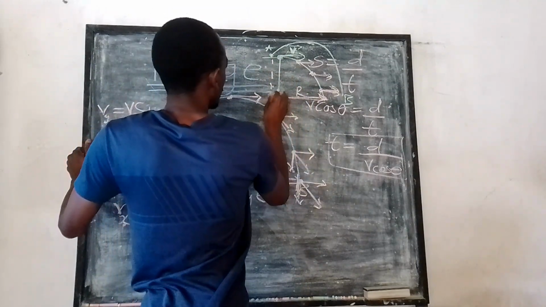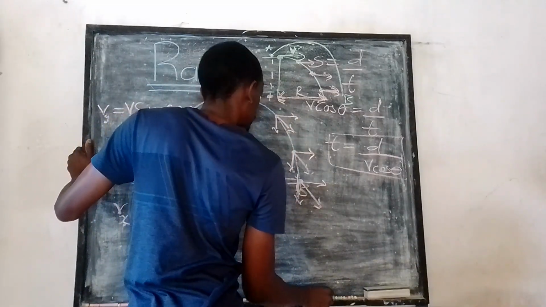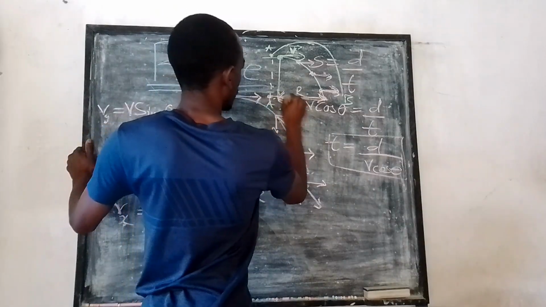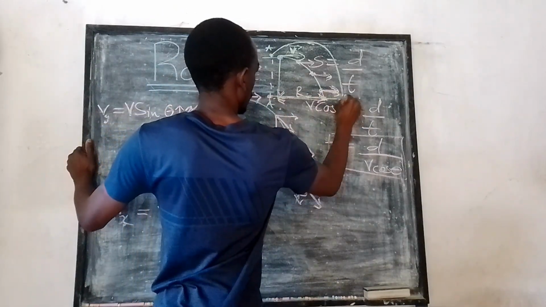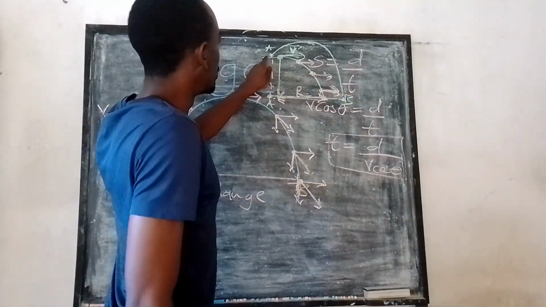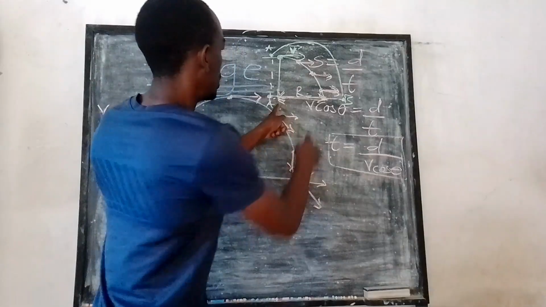Our range would then be from this point, let's use a different color here, from this point, let's call it A, up to this point, B. This would be our range for this scenario. For this scenario, our range would be from this point up to this point.